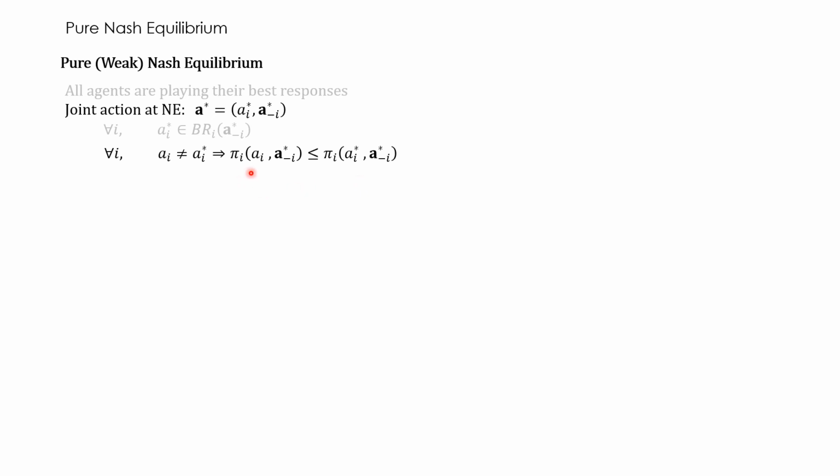So pi_i(a_i, a star negative i) is less than or equal to pi_i(a star i, a star negative i). Note that the switching is unilateral. So in both cases, the opponent, actually all the opponents, have the same joint action a star negative i.